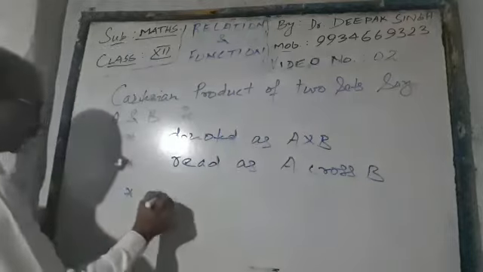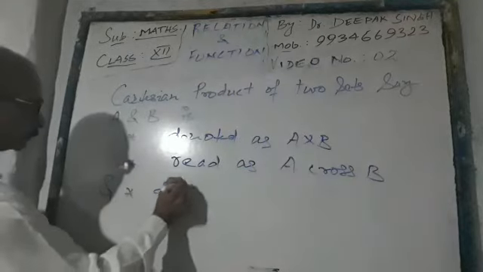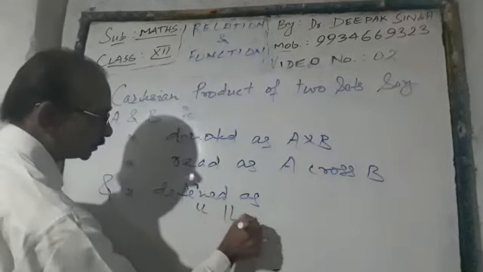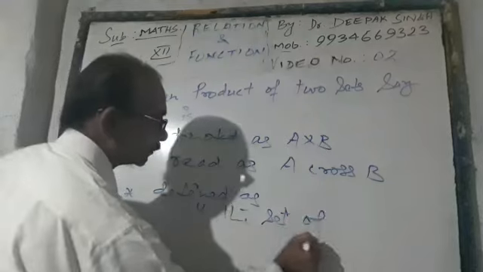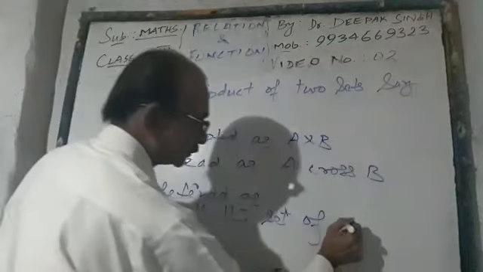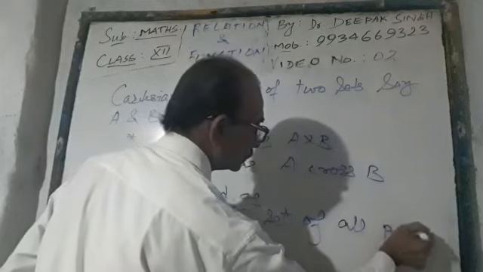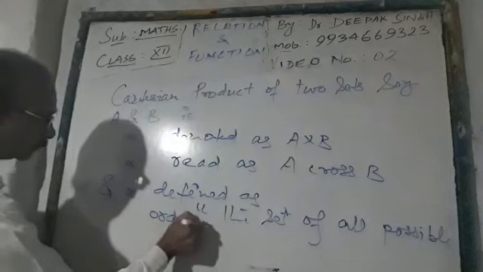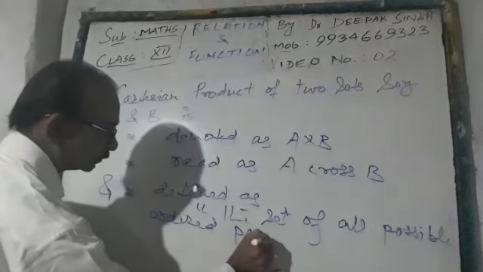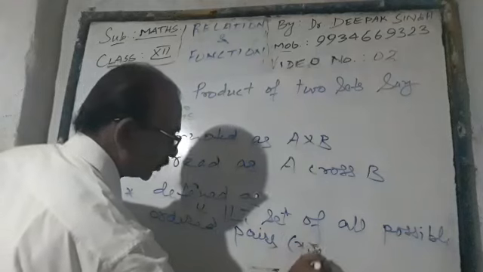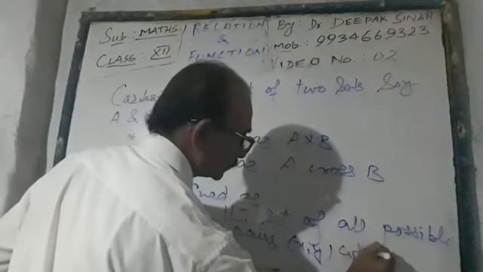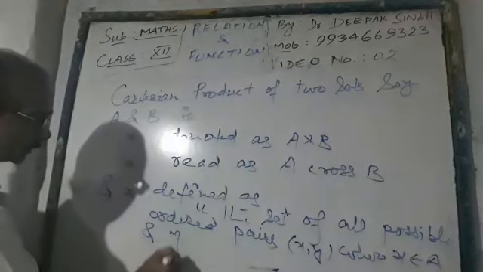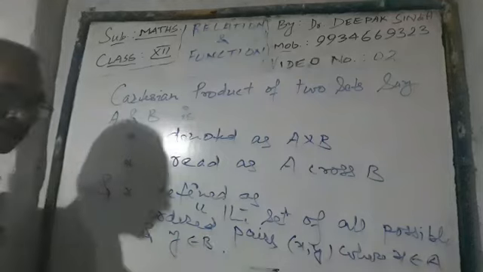A cross B is defined as the set of all possible ordered pairs (x, y) where x is an element of A and y is an element of B.